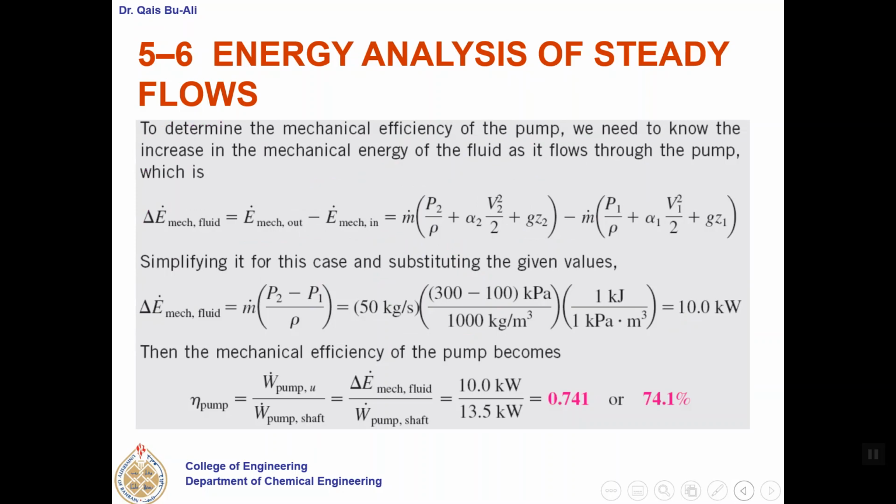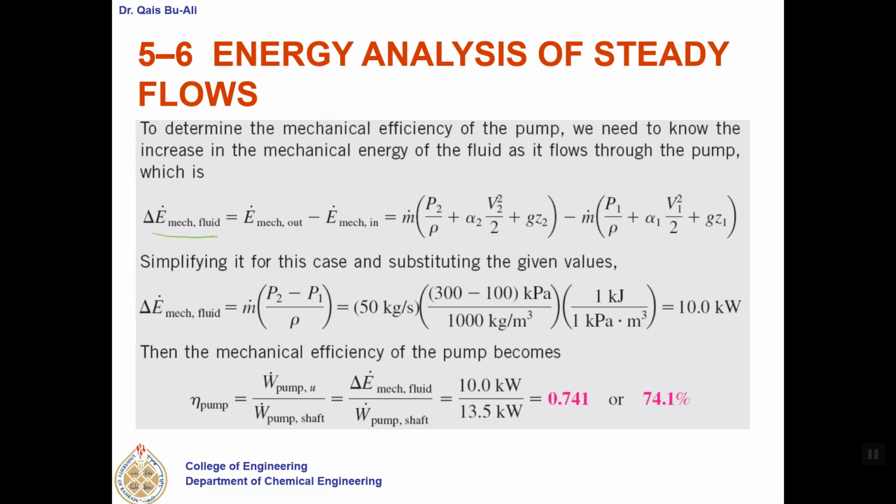Now the next step is to determine the mechanical efficiency of the pump. We need to know the increase in the mechanical energy of the fluid as it flows through the pump. So this is the mechanical energy increase of the fluid.